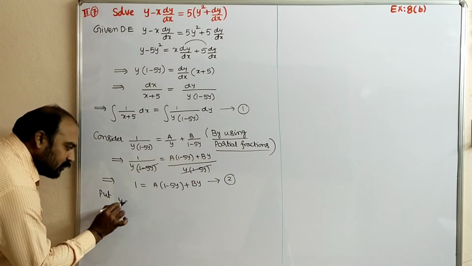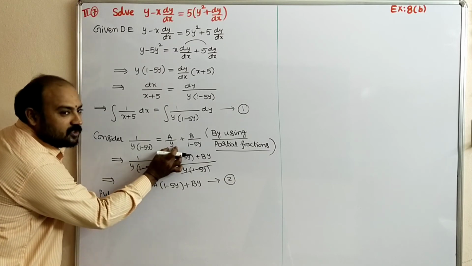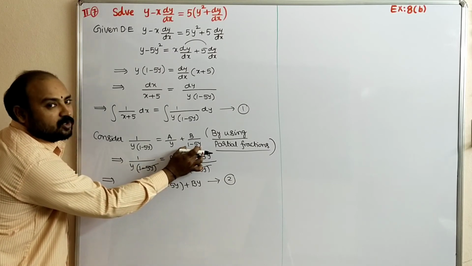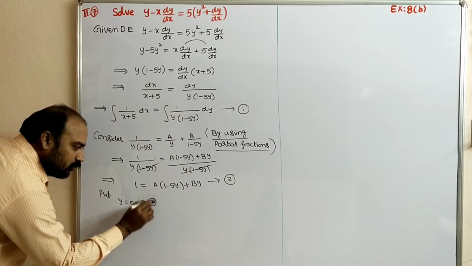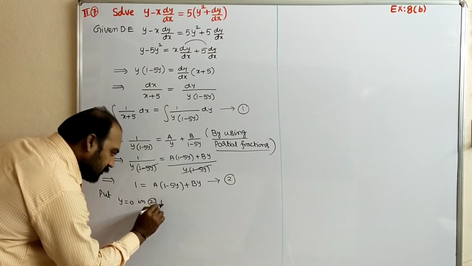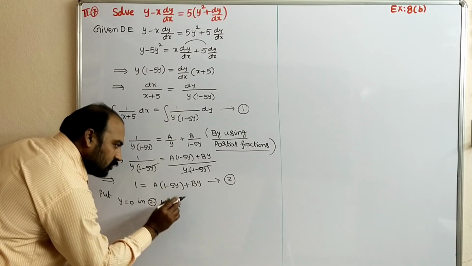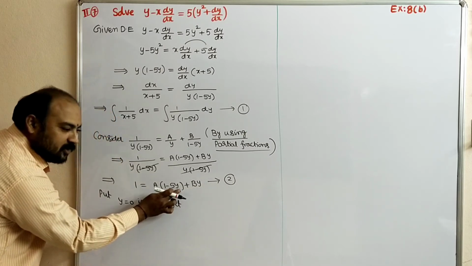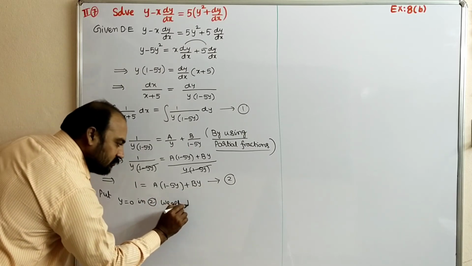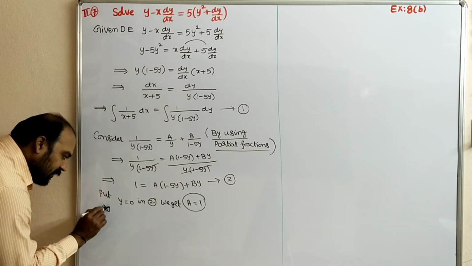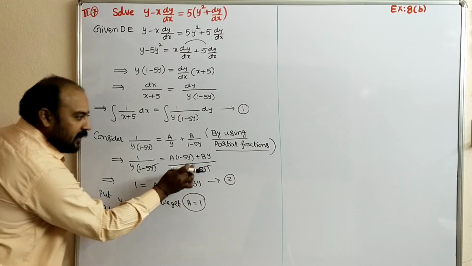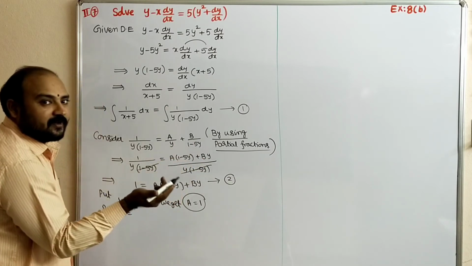Put y is equal to 0. Why? Because y equal to 0 is a factor here. 1 minus 5y equal to 0 also. In equation 2, y is equal to 0 means this value goes to be 0, so a equal to 1. Put 1 minus 5y equal to 0, which means y is equal to 1 by 5.